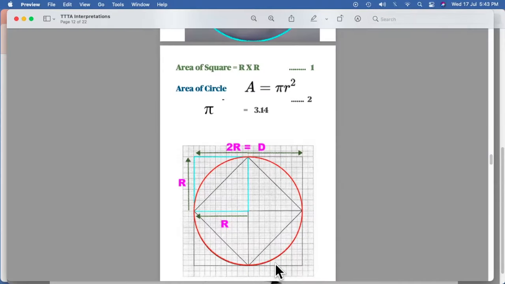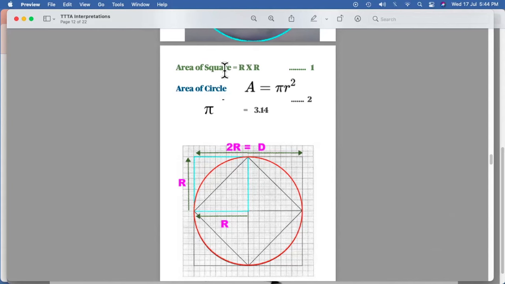Now to find the relation between the circle and the square, we have taken a circle which has a radius r and the diameter is 2r. The side of the square is equal to 2r, the diameter of the circle.